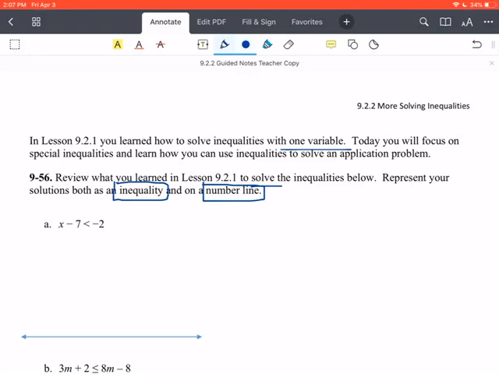The key idea from yesterday was our boundary point. In order to find the boundary point of the inequality, we must treat it like an equation, so we're going to use our solving skills. The first thing I'm going to do is add 7 to both sides.